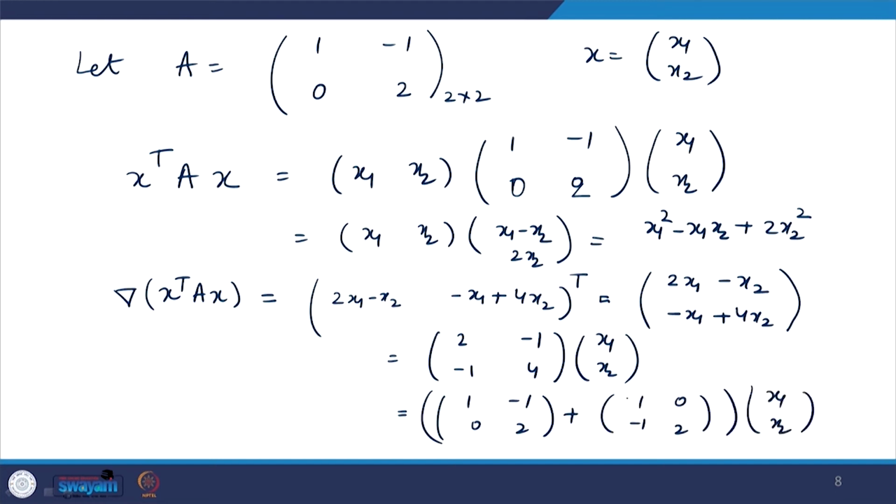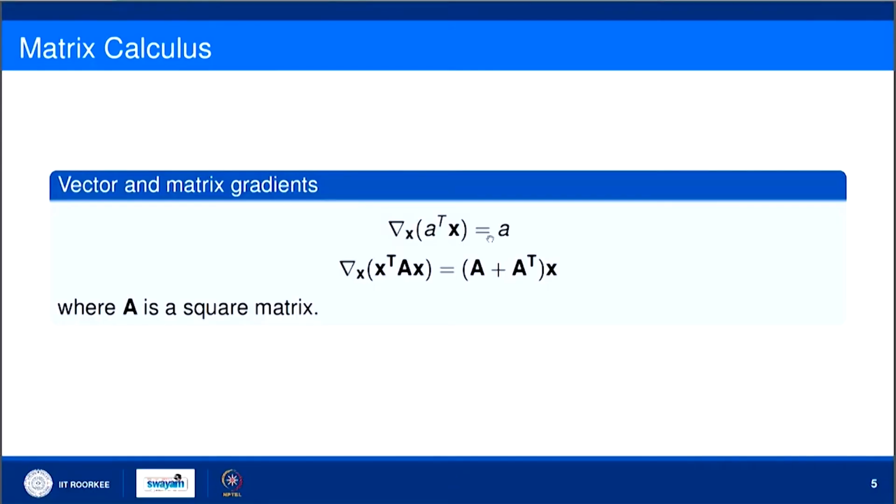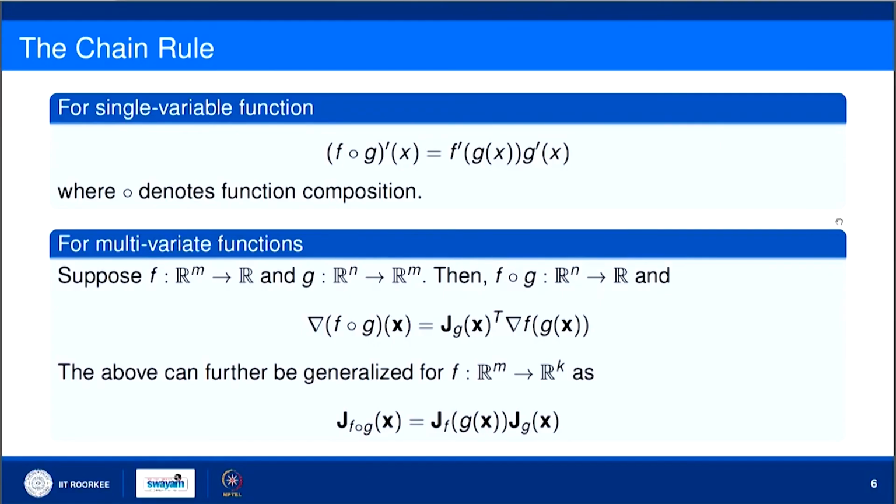See, this plus this is 2, this plus this minus 1, this plus this minus 1, this plus this 2. This is A and this is A transpose. So, we have verified this second point. This verification is only for illustration, to show what we mean by X transpose Ax and how we have obtained this.